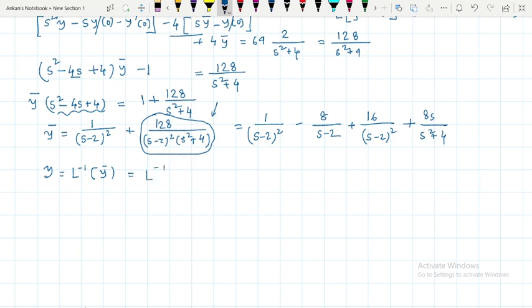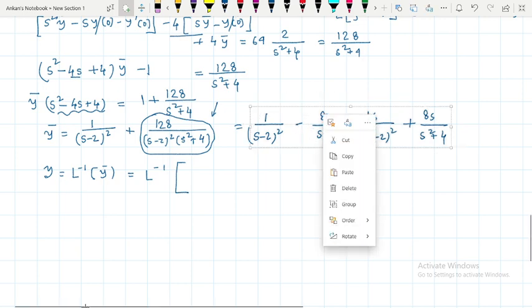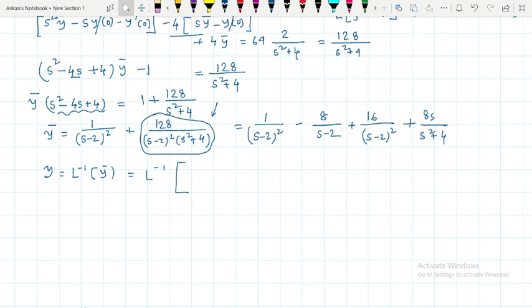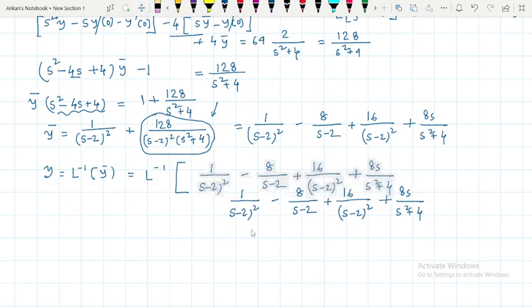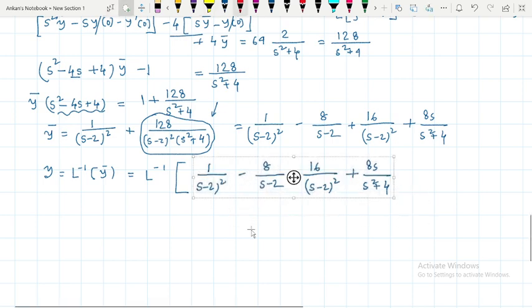So inverse Laplace transform of this. First, 1 by s minus 2 whole square.